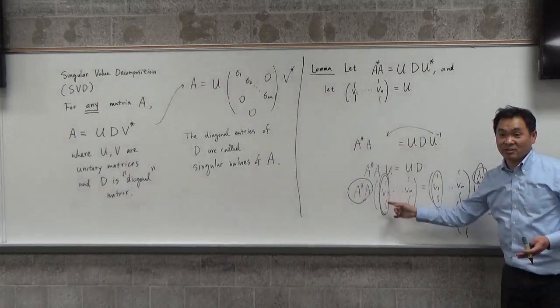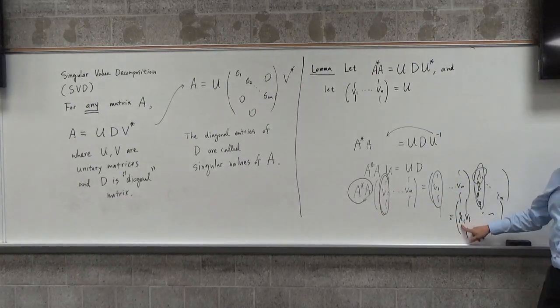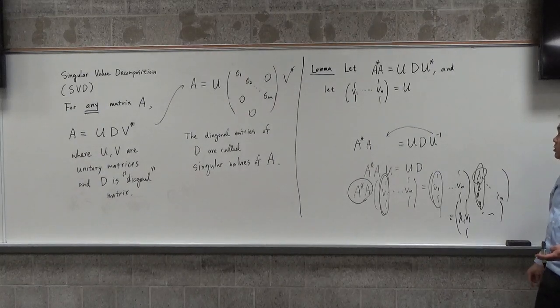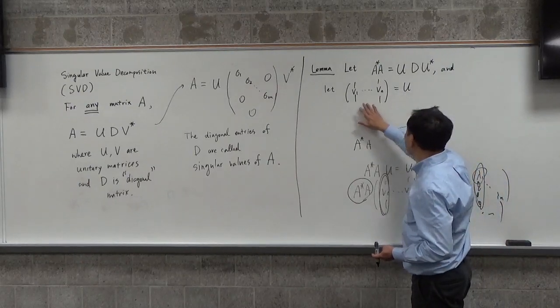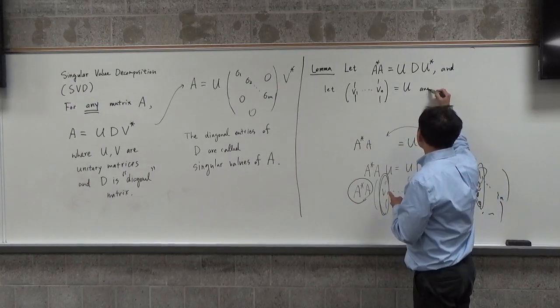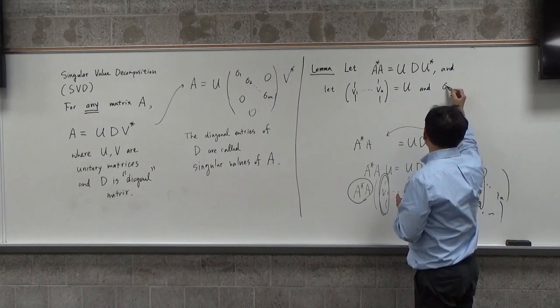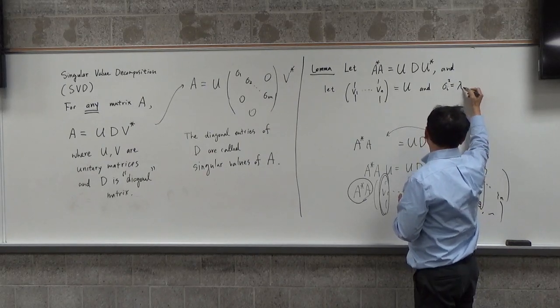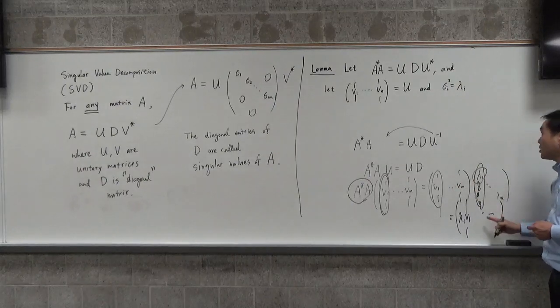It's the eigenvector. Okay? V1 is an eigenvector of this matrix with lambda 1 as its eigenvalue. So what we are going to do is let V1 through Vn be the columns of U, and we're going to say sigma I squared is equal to lambda I. So for each of these eigenvalues, I'll take the square root.